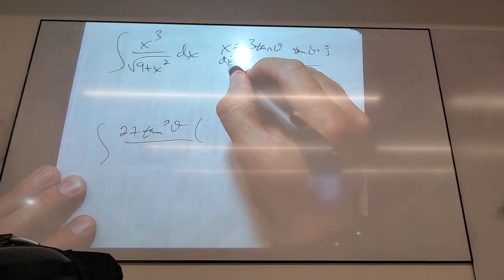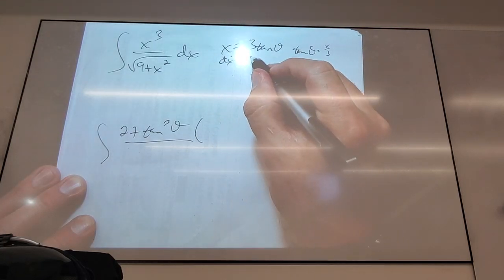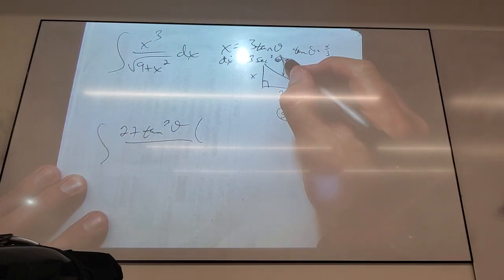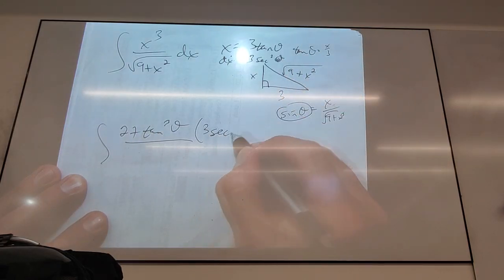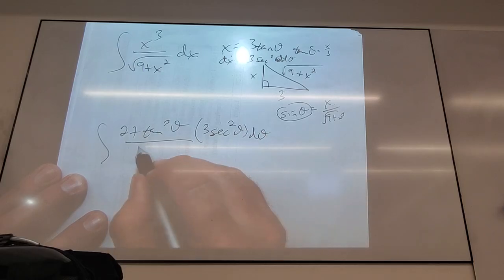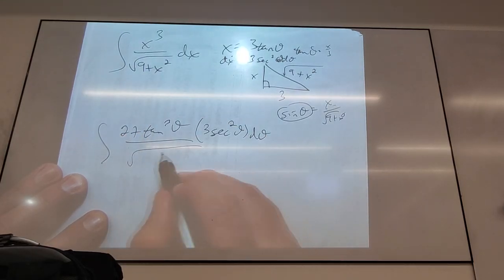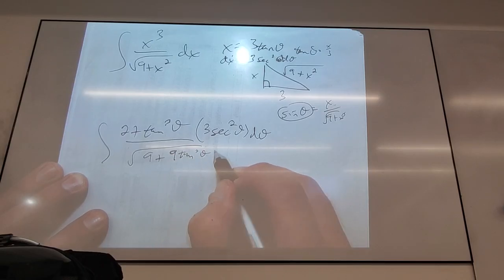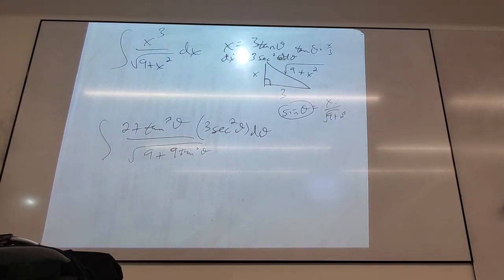We didn't do it, but what is dx? 3 secant squared d theta. And then what is the square root of 9 plus x squared? 9 tangent squared, because I'm going to square the 3 tangent, right?